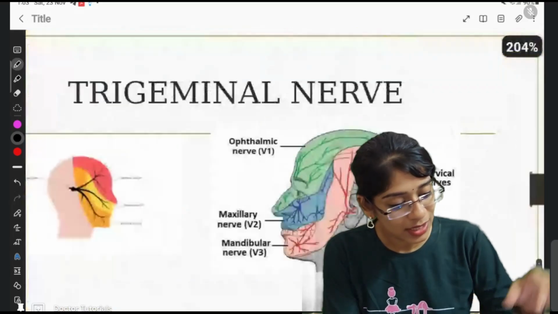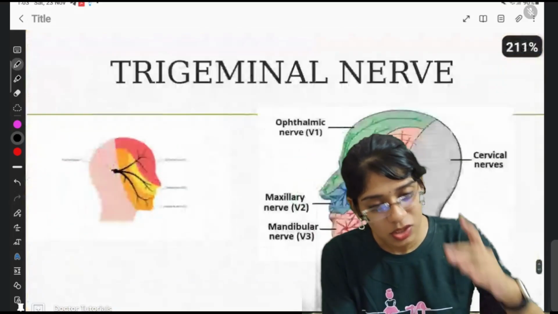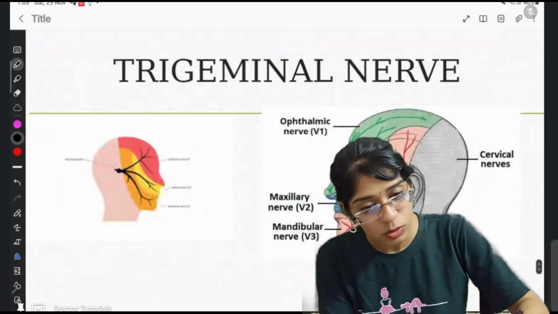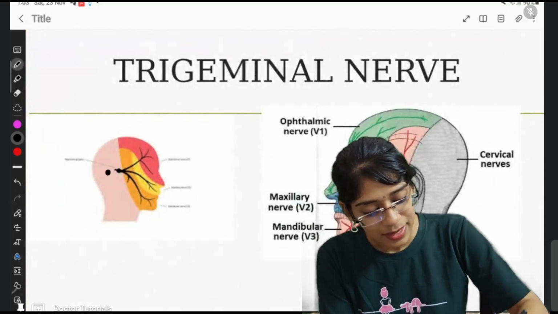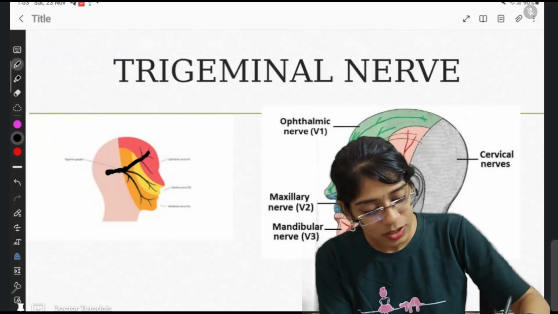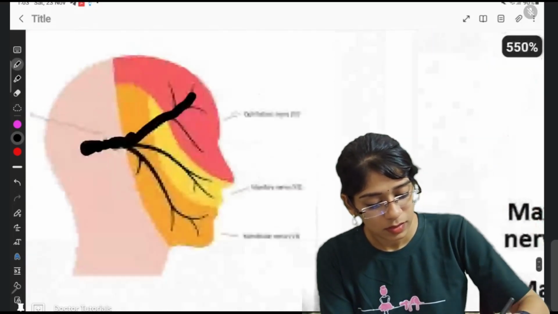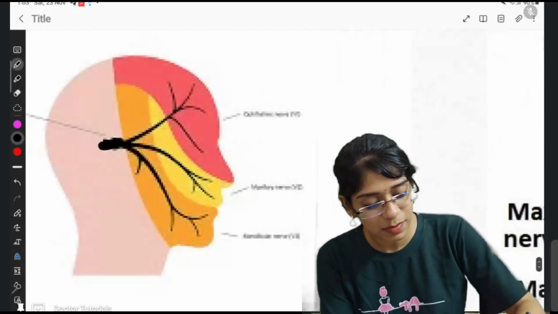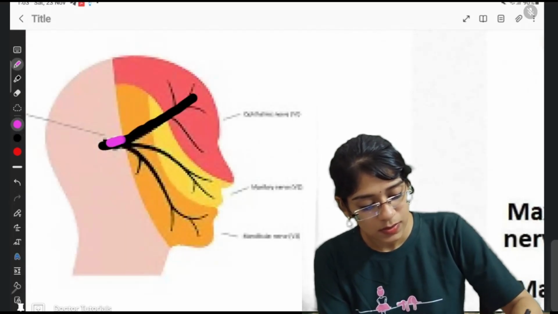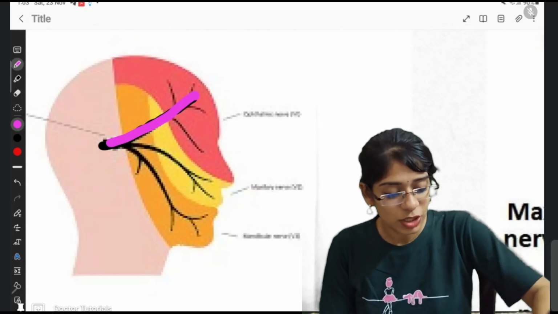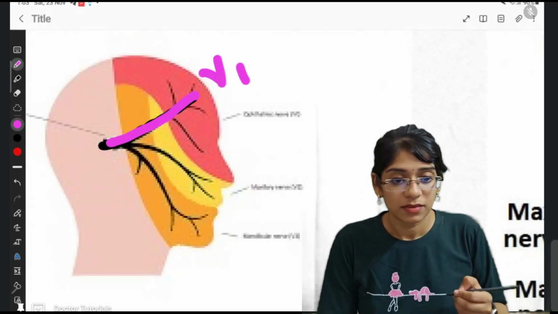I have written the trigeminal nerve here. This trigeminal nerve originates from the brain, and then it divides into 3 branches. This is your ophthalmic branch, we call it V1.